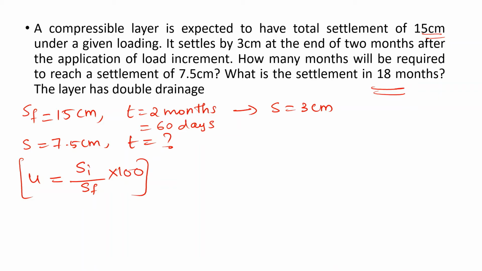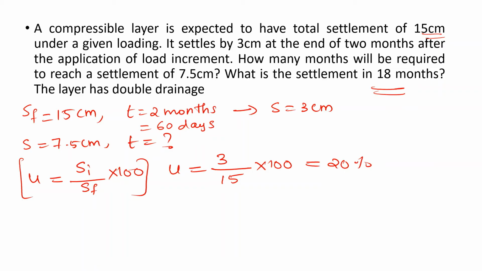The degree of consolidation corresponding to that settlement is 3 centimeter divided by final settlement 15 centimeter into 100. So we will get 20%. That is, when the degree of consolidation is 20%, the soil settled by 3 centimeter.